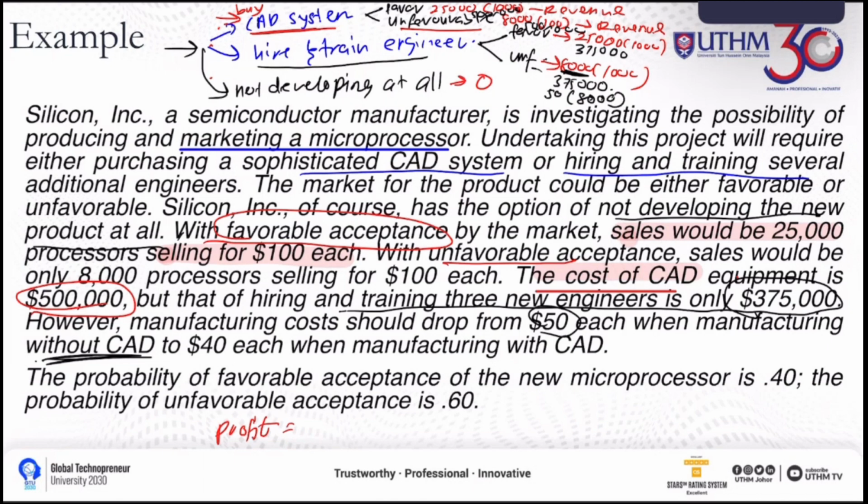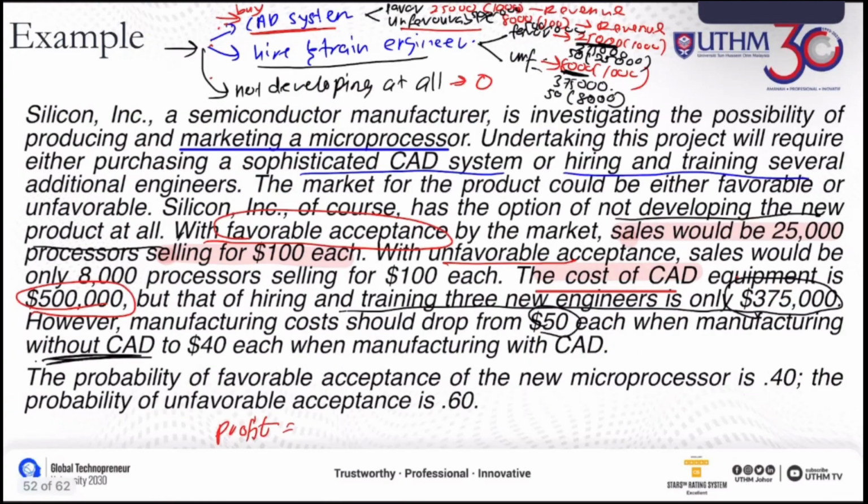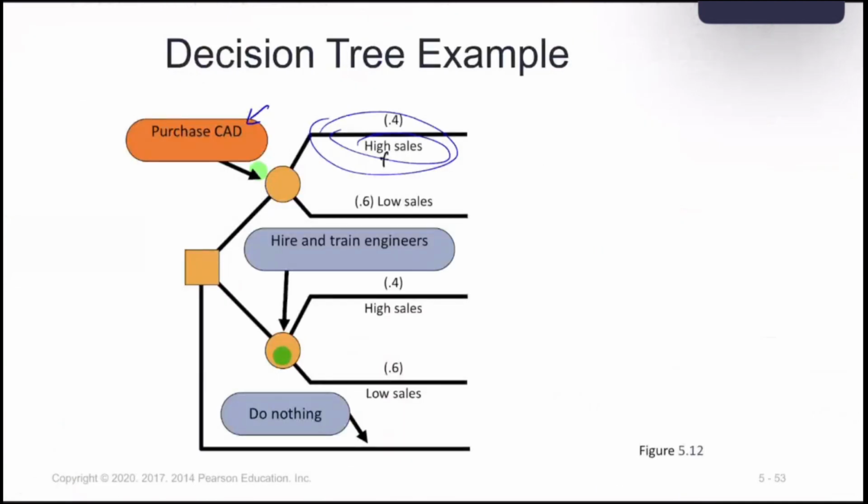Same goes for favorable. For favorable, you have a manufacturing cost of 50. So how many is your production? Okay, so this is like a graph. So let's look here. This is the example of what I did just now. So high sale means favorable market, and low sale means unfavorable market.